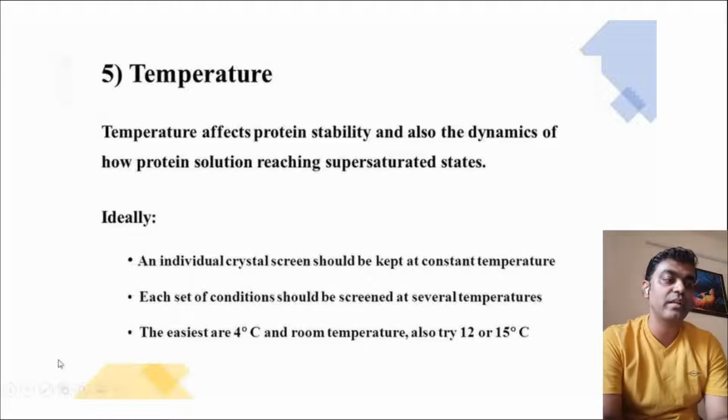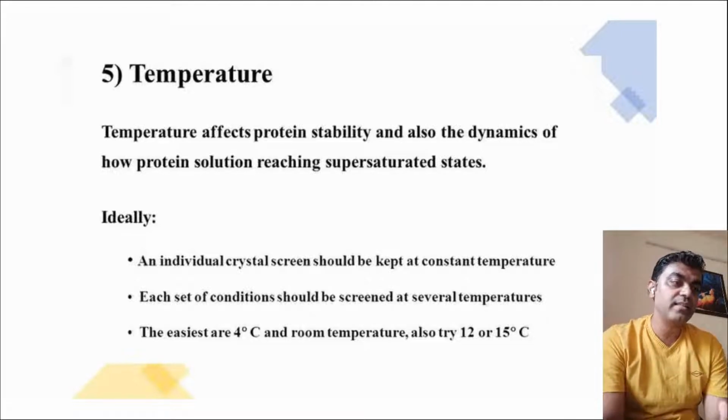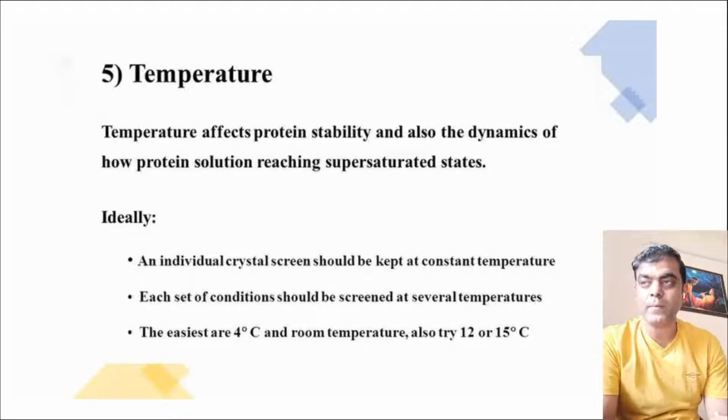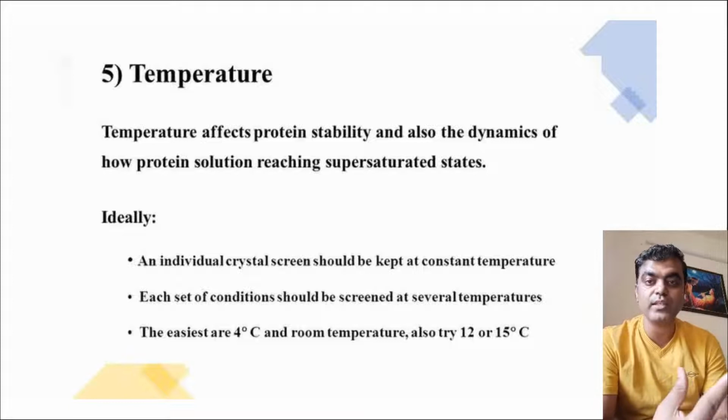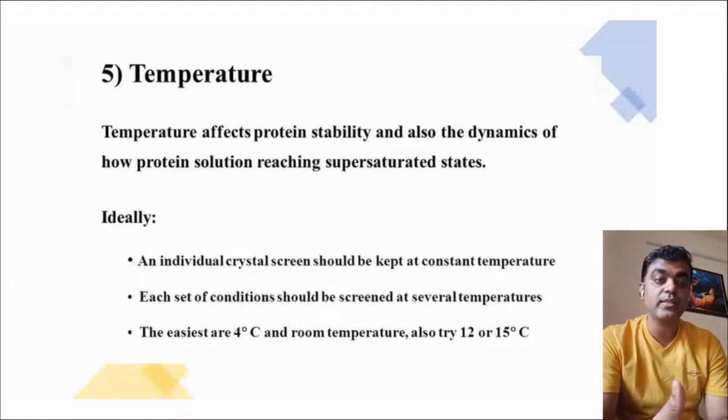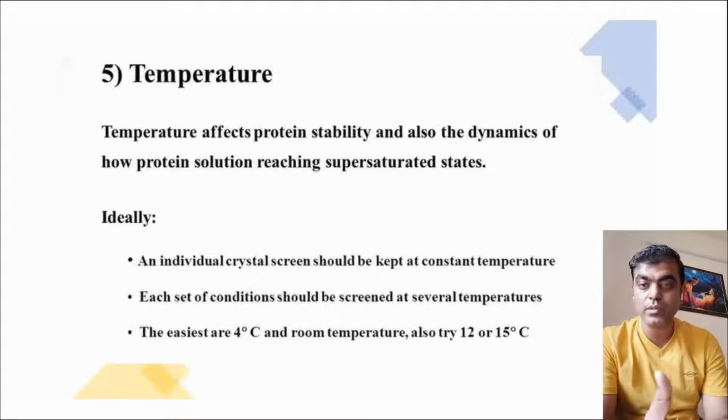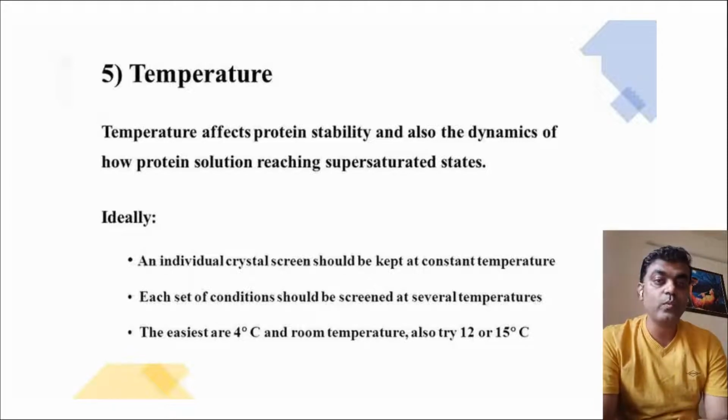In most labs I have seen they prefer to keep it at room temperature, but again the process of crystallization is something you cannot predict, because it may happen in hours, days, weeks, months, and even years.